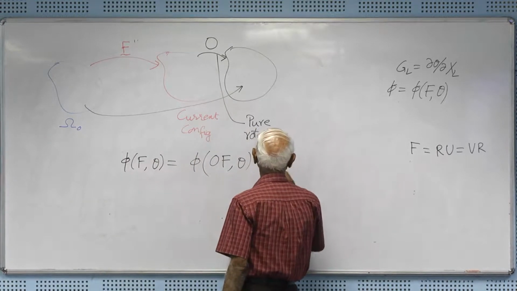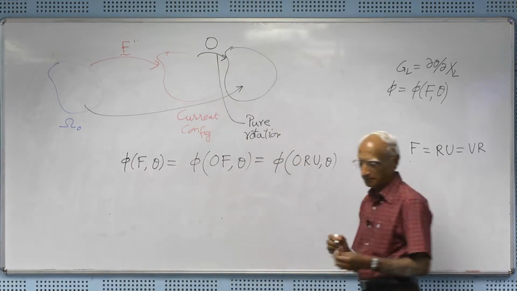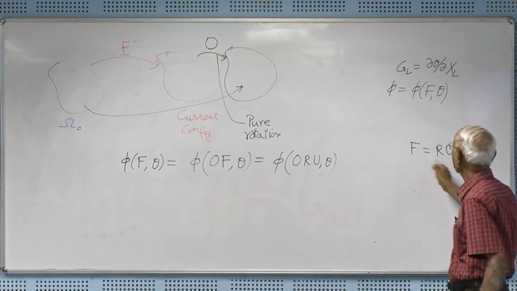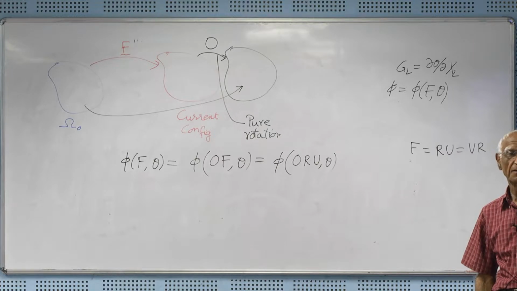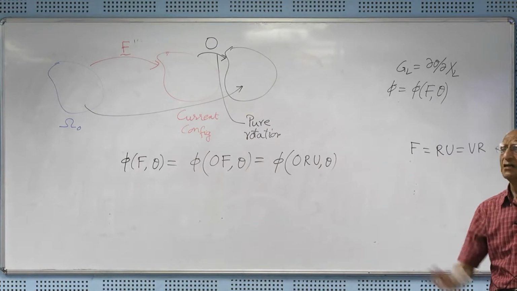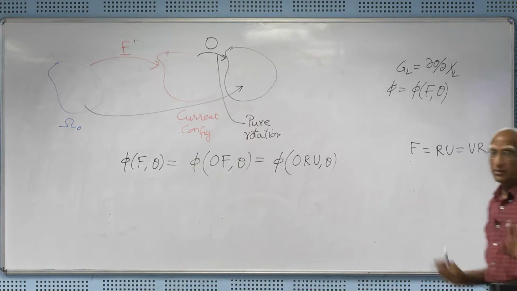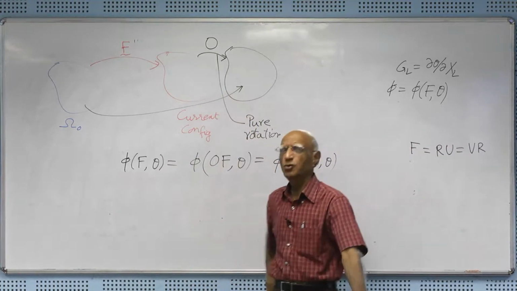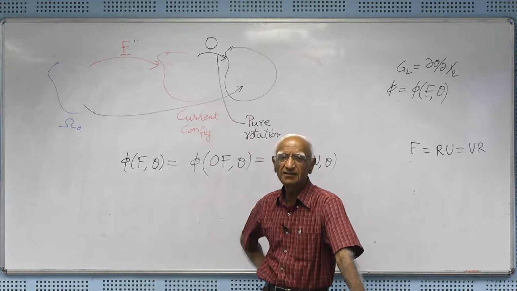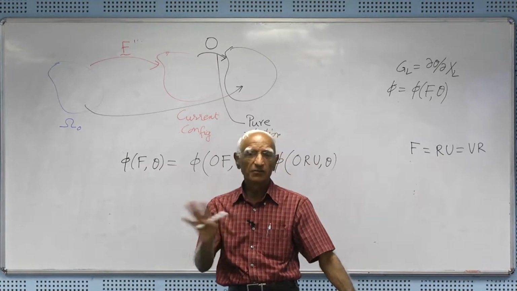So, F is RU, polar decomposition theorem. Any 3 by 3 matrix can be written like that. Now, please listen. Is there any restriction on this O orthogonal matrix, except for being an orthogonal matrix?